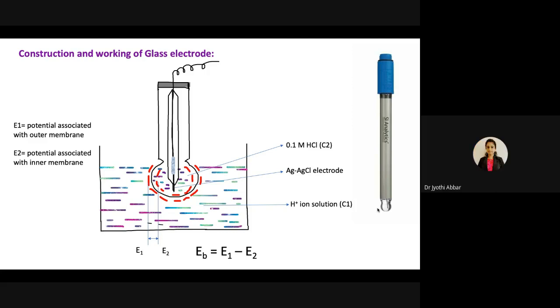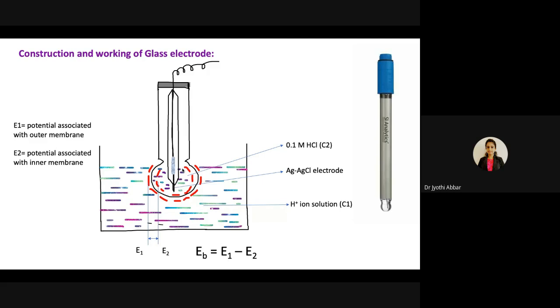Exactly. So this glass electrode, let me explain the construction again. It's made up of a glass tube with a glass bulb at the bottom, and this glass bulb is made up of a silicate glass with a composition of 22% sodium oxide, 6% calcium oxide, and 72% silicon dioxide. This glass membrane has high electrical conductance, and it is responsible for exchange of ions.